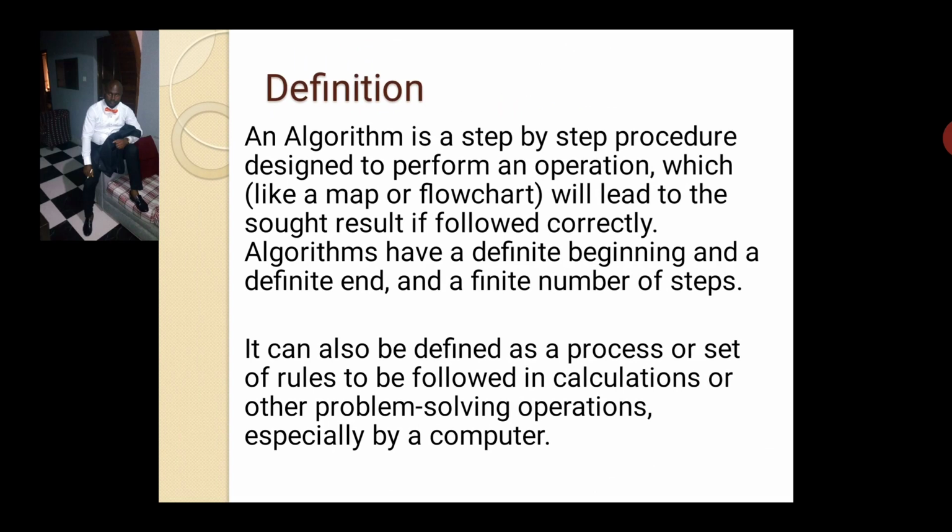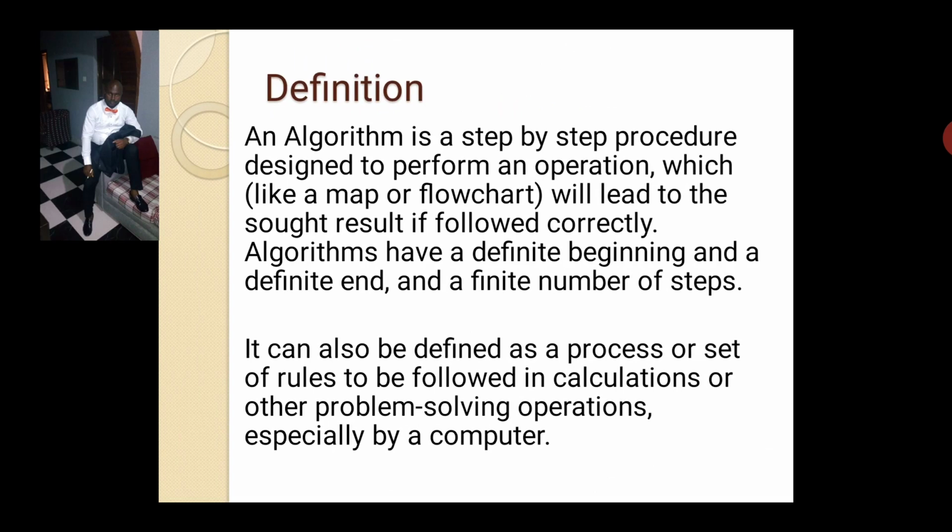When we say definite beginning and a definite end, it simply means that the beginning and the end are clearly stated. It also has a finite number of steps, which means that it has an end.